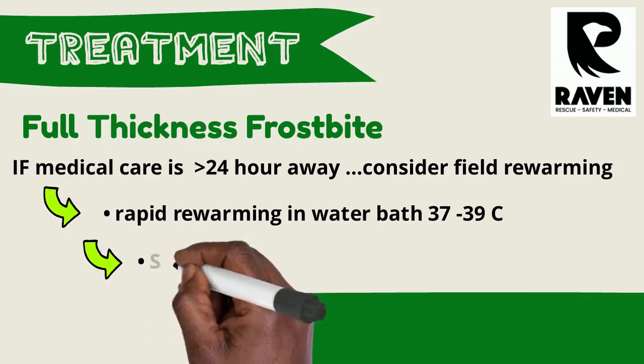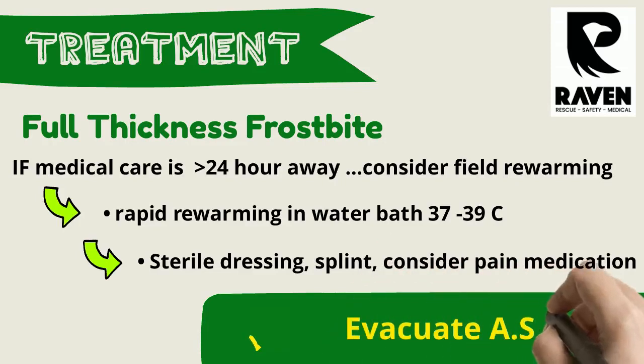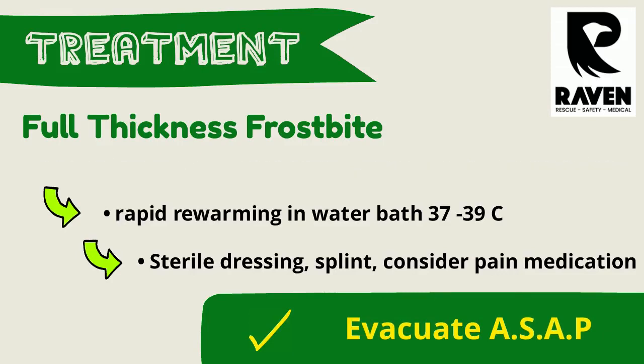You want to apply a sterile dressing, splint it to prevent it from moving, and consider pain medication. I also have to remind you that workplace first aid training does not include pain medication. As soon as you've field rewarmed a limb, you need to evacuate the patient to medical care as fast as possible, preventing the chance of refreezing that injury and preventing that injury from moving during the evacuation.